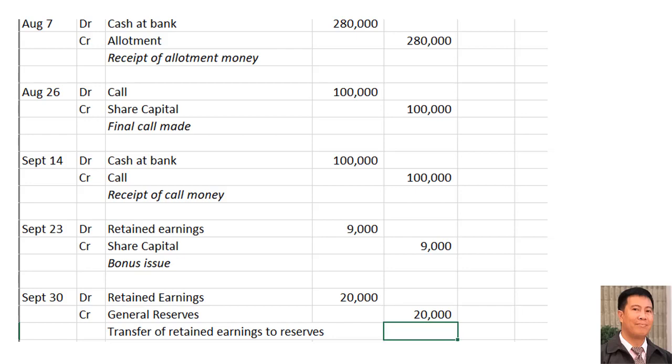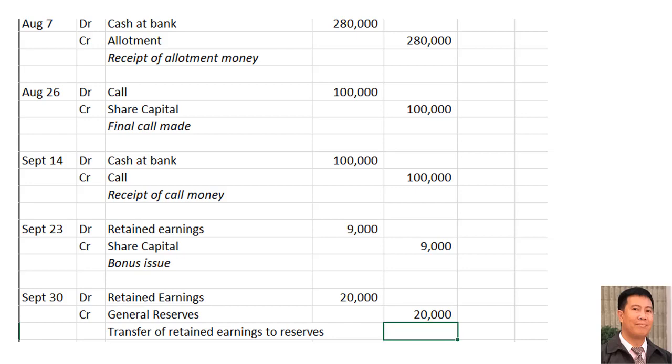So, debit cash at bank and then credit call on September 14th, we have $100,000. Okay? So this is actually much simpler, straightforward. Call is like a receivable, similar to allotment. So what you will do, debit call, and then credit share capital. Now here you're waiting for the subscribers or applicants to pay. When they paid, debit cash at bank and then credit call.